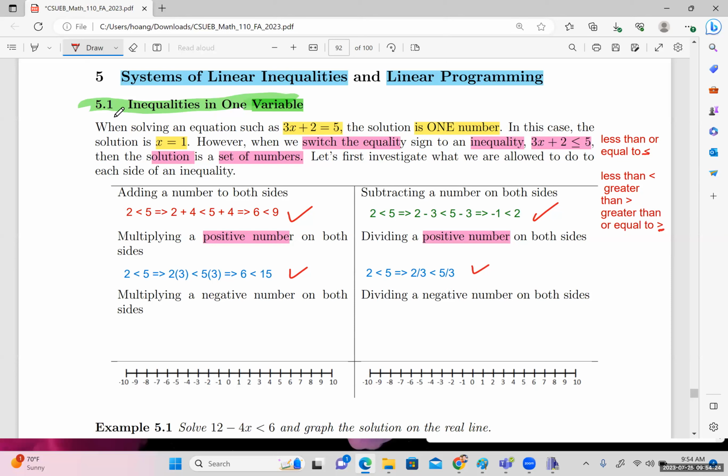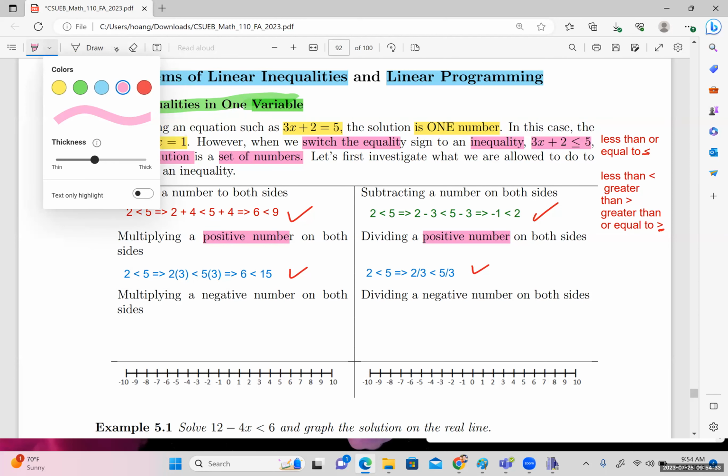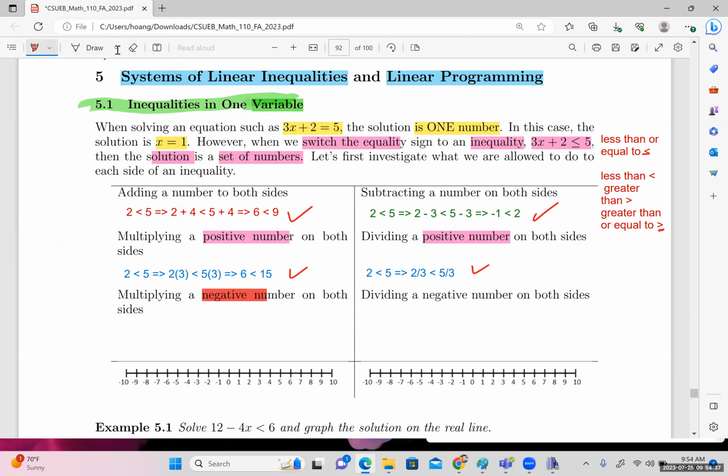And lastly, I want to use the red color here: negative numbers. With negative numbers, what happens?